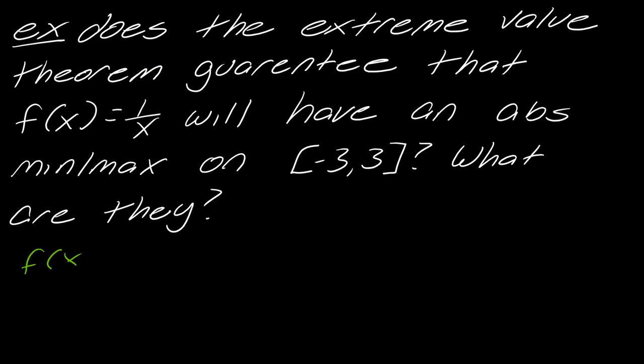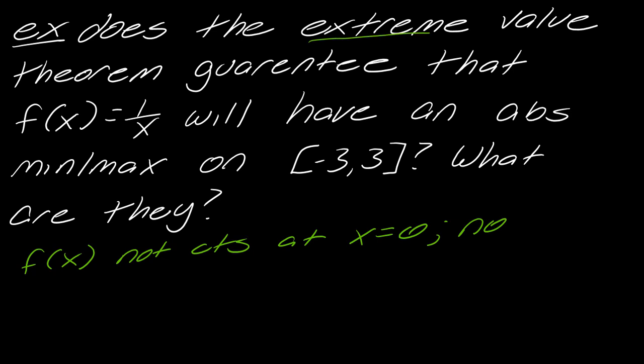So f of x is not continuous at x equals 0. That's important to note in this case, because on this closed interval, this function is not continuous. So the answer to this then is no, we are not guaranteed by the extreme value theorem, because we are not continuous.